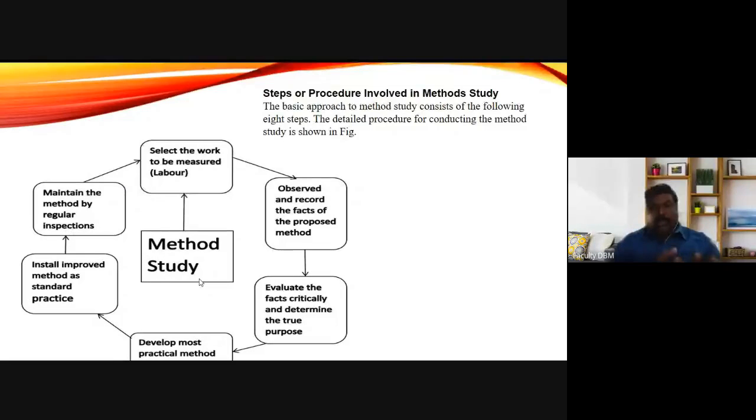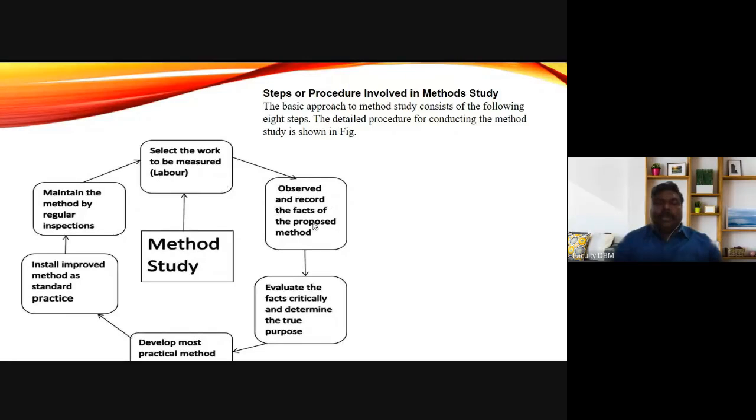And here, note, you would have seen below this figure, only the first 2 steps have been dealt with in detail, because here, selecting the work, how to select a work, which work we have to select, that is more important. And next, recording of the facts of the proposed method and observing this. These two we are going to discuss in detail.